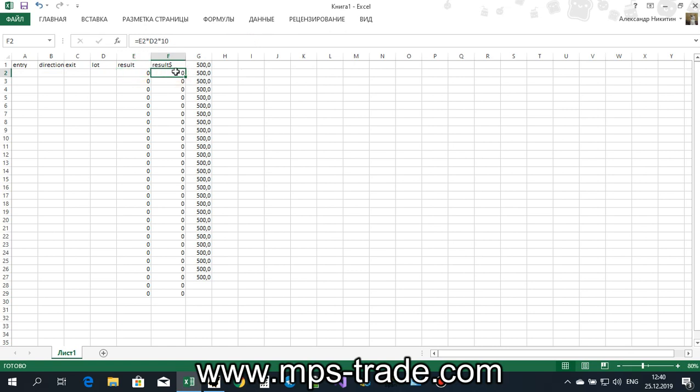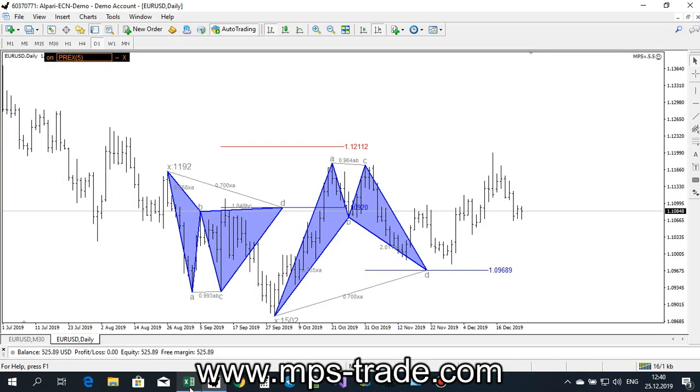Okay, then we calculate our results. It is very simple. You multiply the lot by your pips result, and you multiply it by your tick value. The tick value for one standard lot, if you have a dollar account and your quoted currency, the second currency, is dollar as well, is 10. If your quoted currency is JPY or Canadian and you have a dollar account, then for JPY it is approximately 9 and for Canadian it is approximately 7.